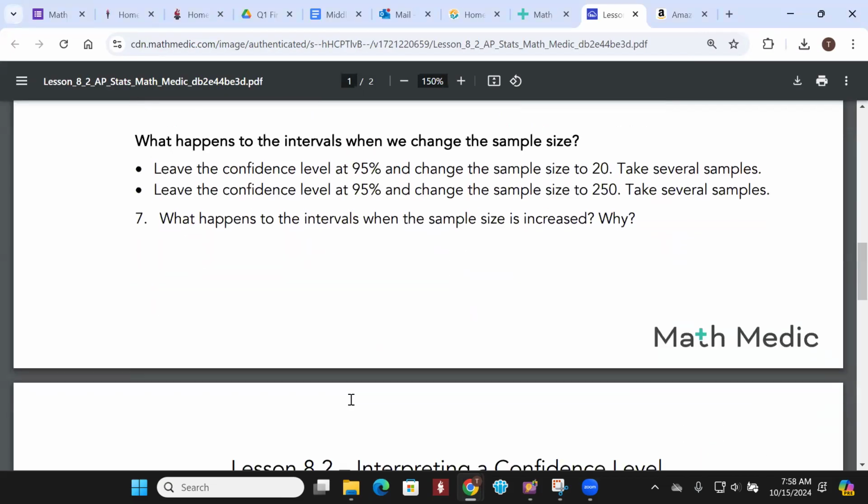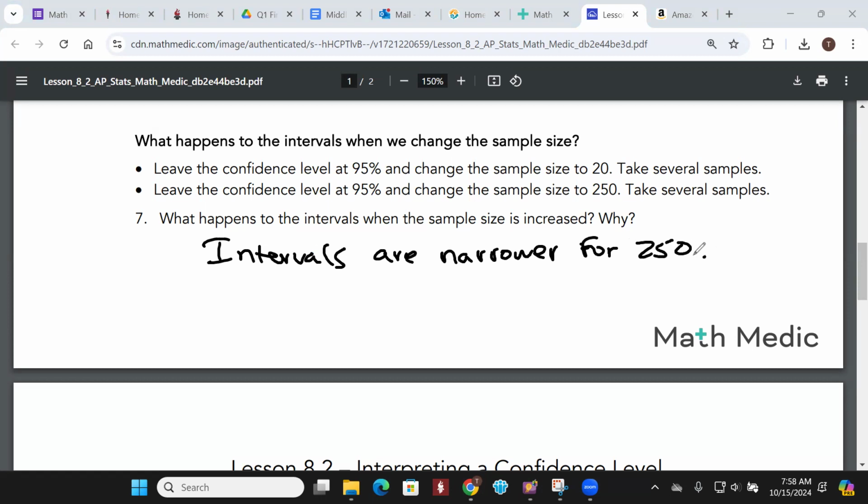There's more variability. Okay. Our intervals are much narrower though, right? For the sample size of 250. So as the sample size goes up, the variability, just like you said, goes down.